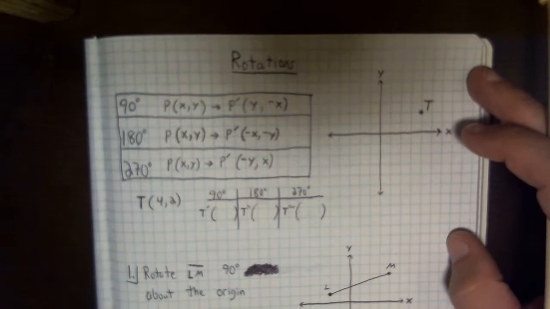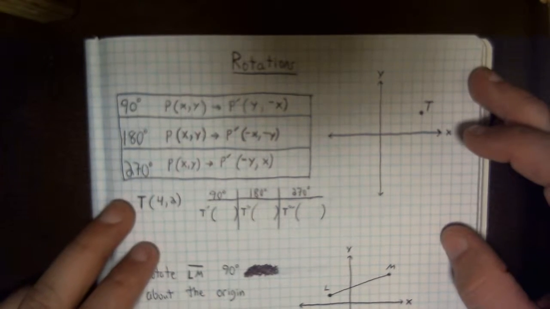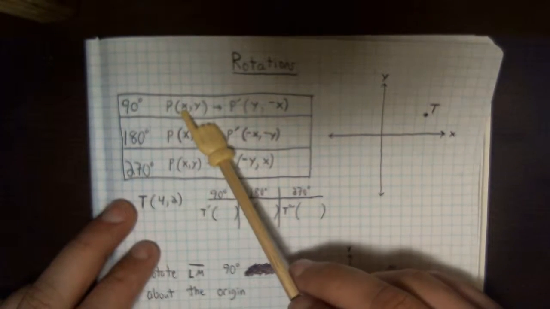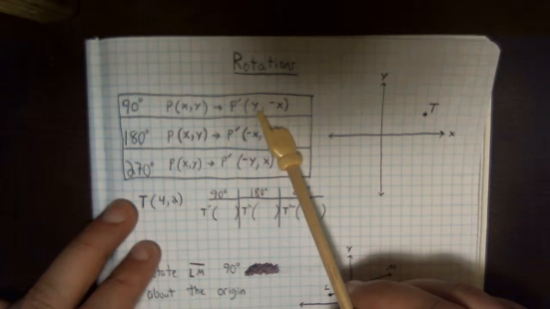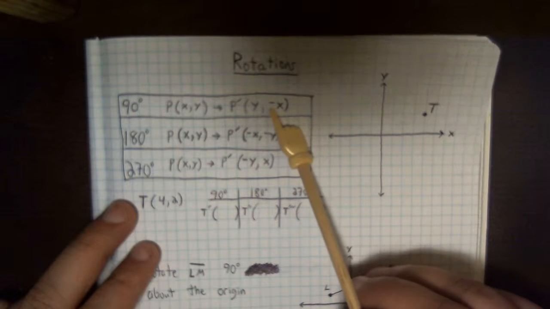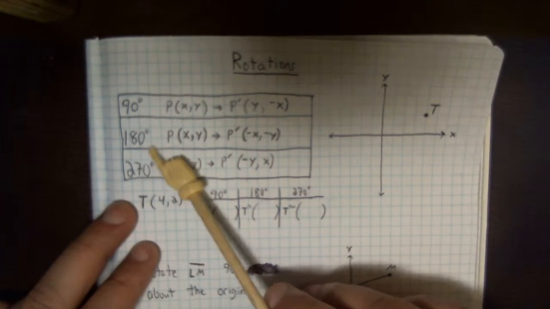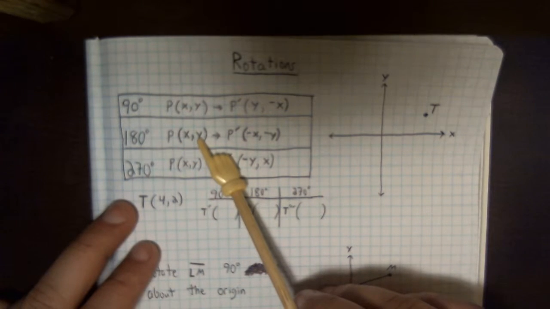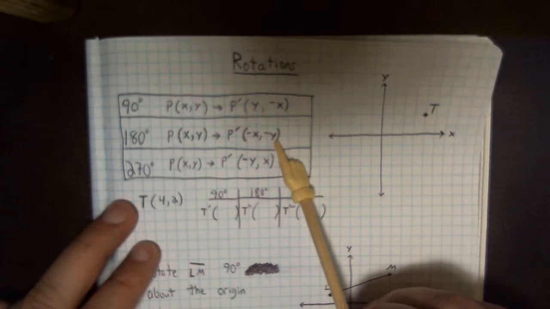Now, there are some rules that we discovered in class about how these rotations work. If we have a point at x, y, for a 90-degree rotation, it's going to end up with our x and y switching positions and the x value being the opposite of what it was before. For 180 degrees, point x, y is going to end up at negative x, negative y.